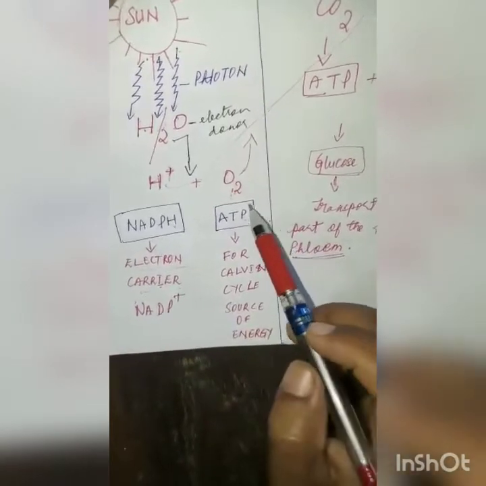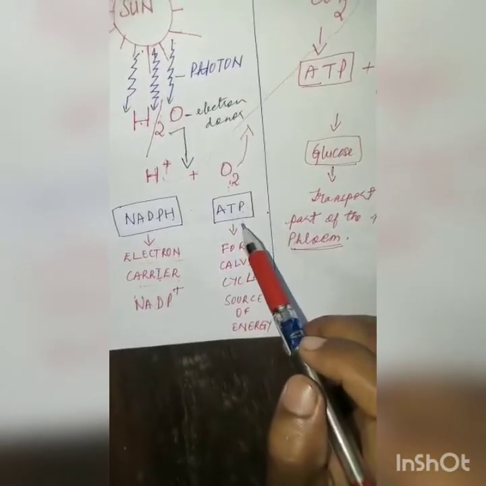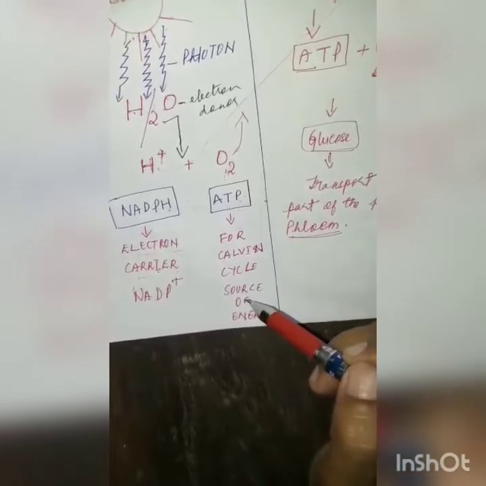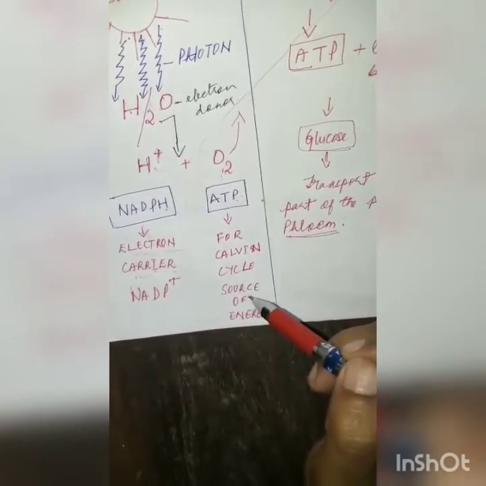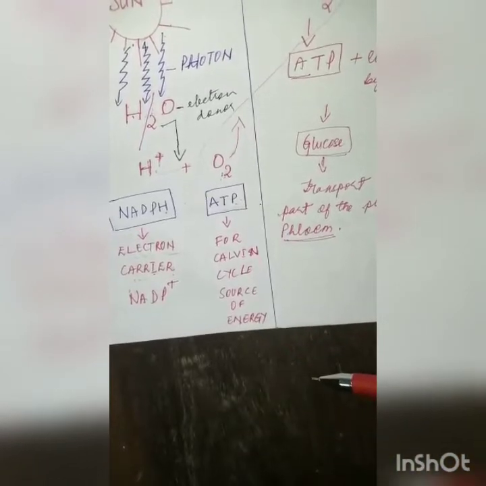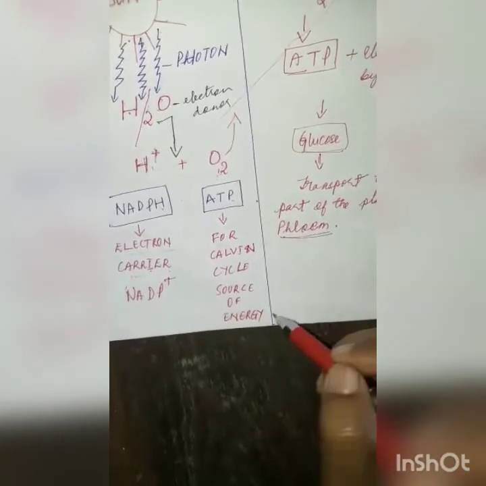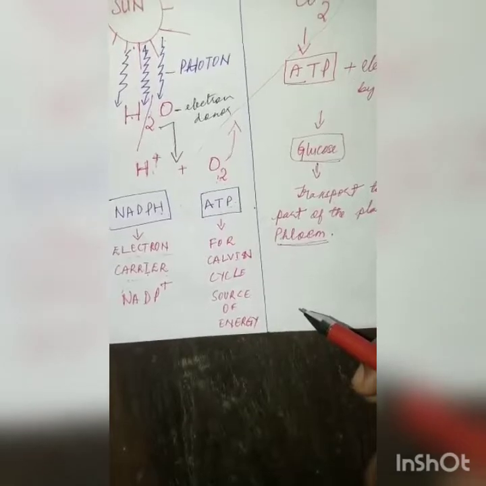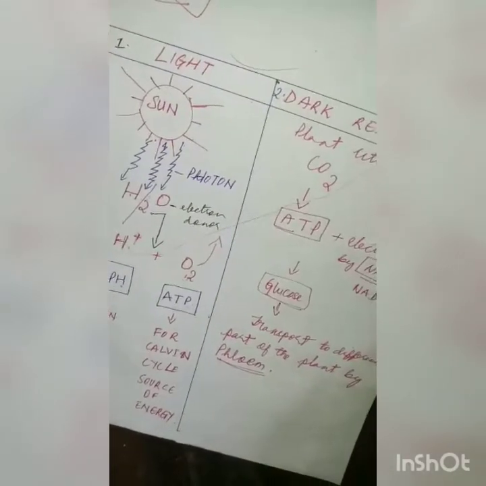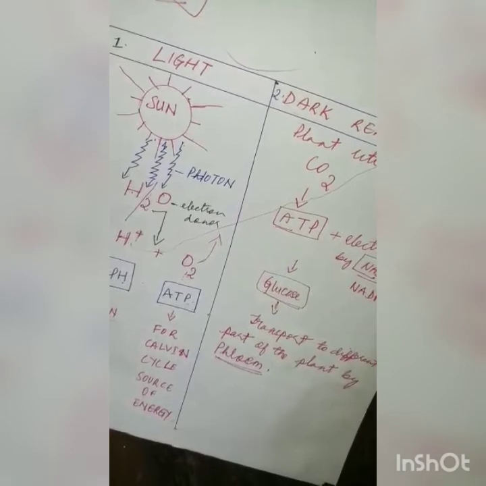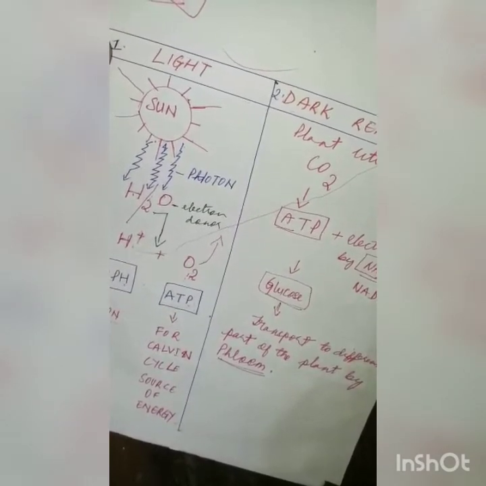And also ATP is used for initiating, or beginning, the process of the dark reaction. Now let's talk a little bit about why we see green. It is a combination of yellow and red or blue light.